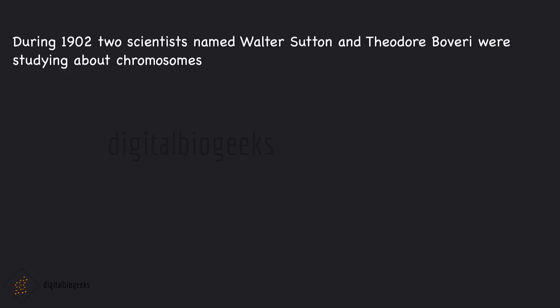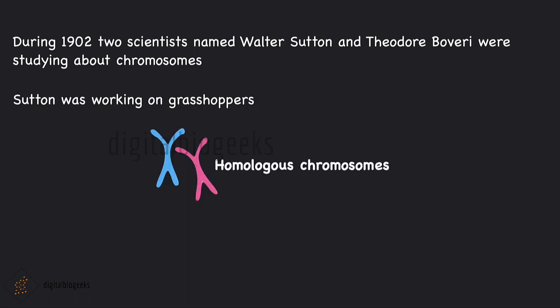After 1900s, there was advancement in microscopy and scientists could study more about cell division. During 1902, two scientists named Walter Sutton and Theodore Boveri were studying about chromosomes independently. Sutton was experimenting on grasshoppers. His works showed that the chromosomes occur in matched pairs of maternal and paternal chromosomes.